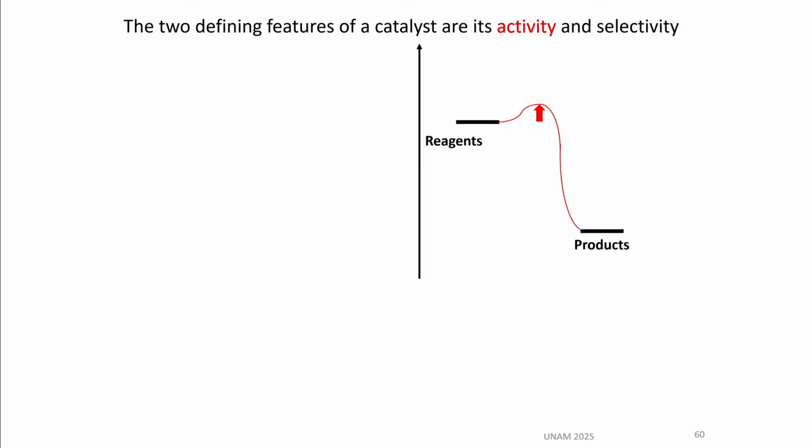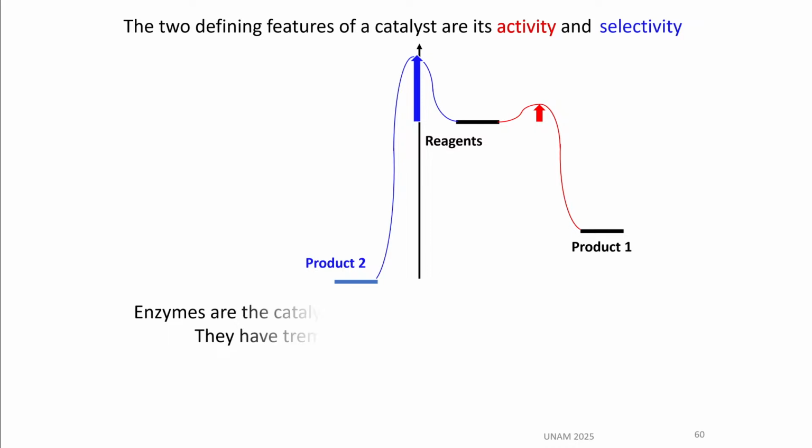Here, we have a small activation energy with respect to the transformation that is shown, and there might be other products with the same reagents that are lower on the G0 scale. They would be more favored energetically, but because the activation barrier here is higher, this is kinetically hindered. And then you can have a strong selectivity even for the product that is not thermodynamically favored.